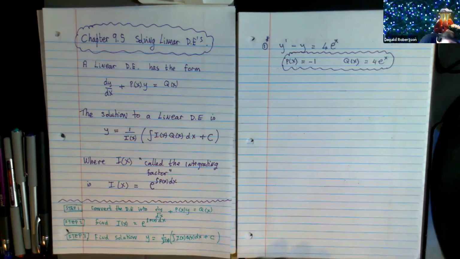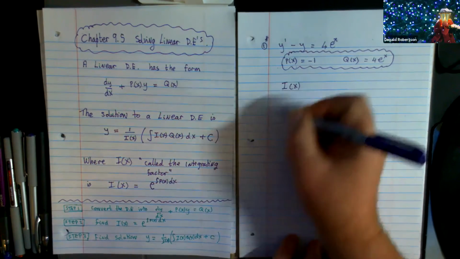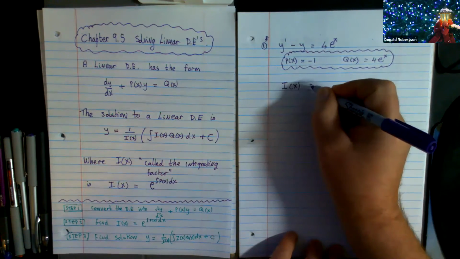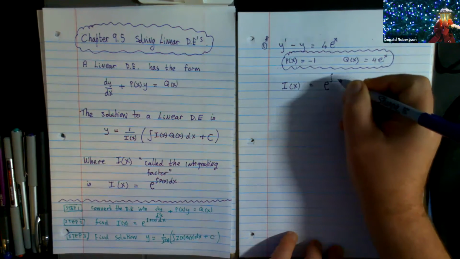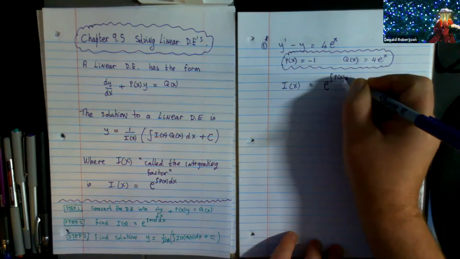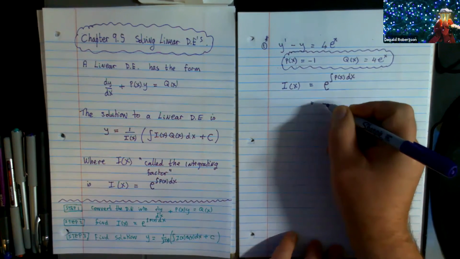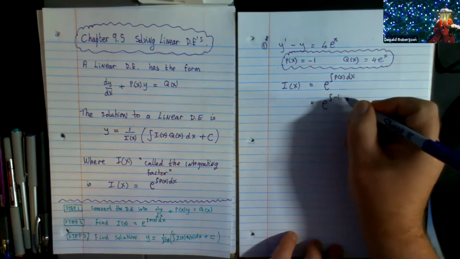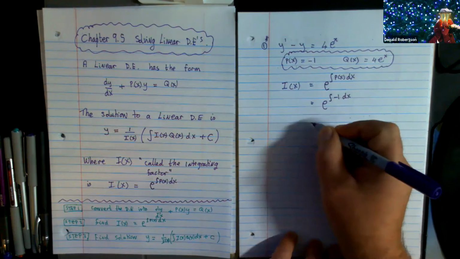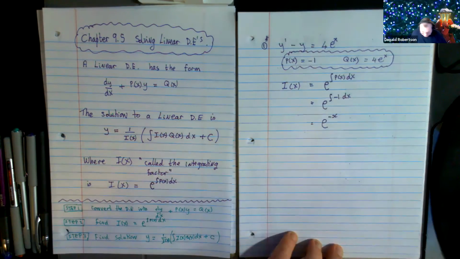Right. So what I'm now going to do is I'm going to find the integrating factor, essentially step 2. And it's going to be e to the integral of P of X dx. In this case, e to the power of the integral of -1 dx. And this is e to the negative x.